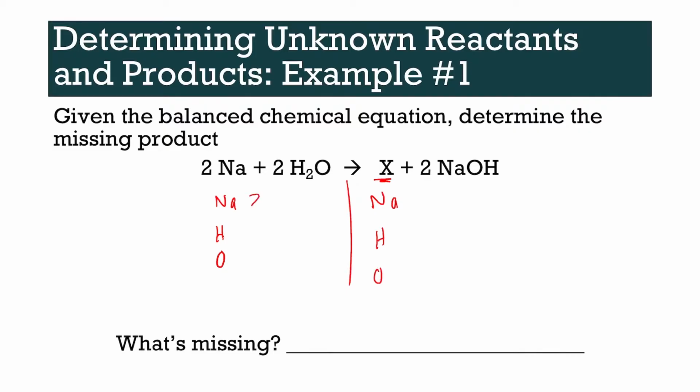So we have 2 Na's, and 4 H's. Remember, the big 2 goes to the entire thing. We have 4 H's and 2 O's. At the end, based on what we're given, remember 2 goes to all of it, we have 2 Na's, 2 hydrogens, and 2 oxygens.